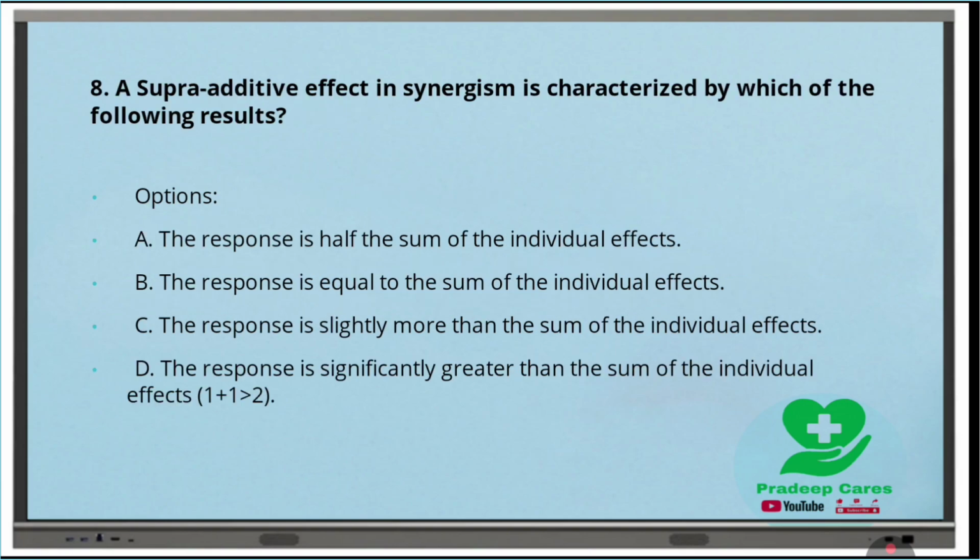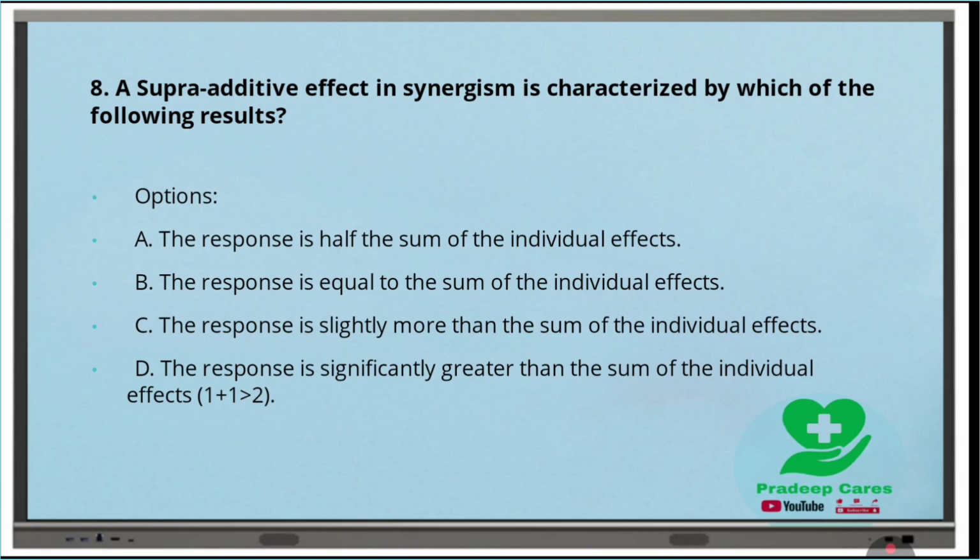Next question. Question number 8. A supra-additive effect in synergism is characterized by which of the following results? Options are: option A, the response is half of the sum of individual effects. Option B, the response is equal to the sum of individual effects. Option C, the response is slightly more than the sum of individual effects.